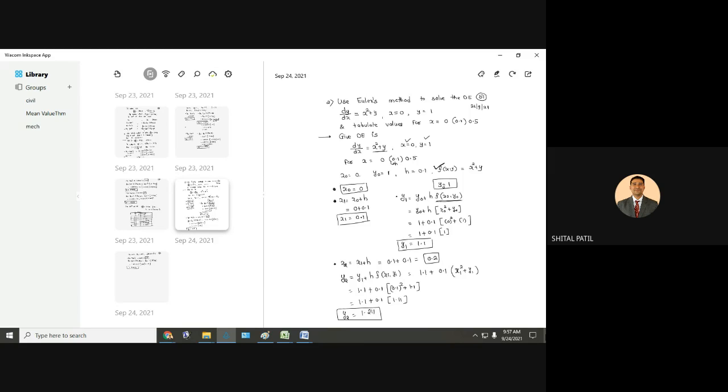Write up to x2 equal to 0.2 and y2 equal to 1.211. Understand how the x0, x1, x2 they are operating. Okay. Now let me continue.